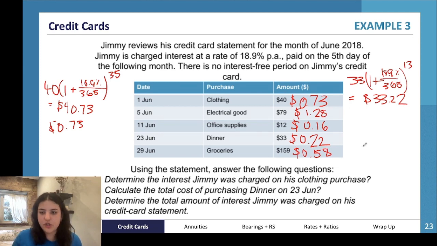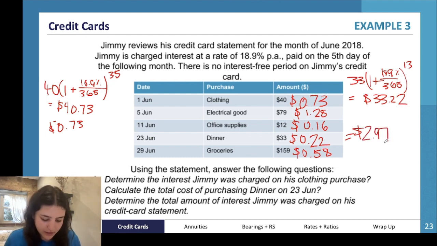And that gave me $2.97. So as you can see, again, interest is not a major number. It is not contributing to someone's bankruptcy or something like that. But it does slowly, very slowly, gradually add up.